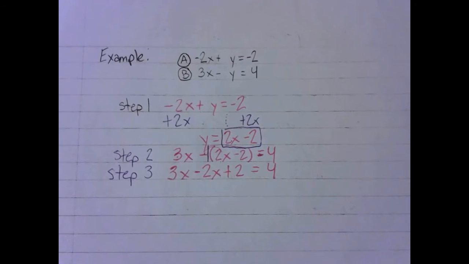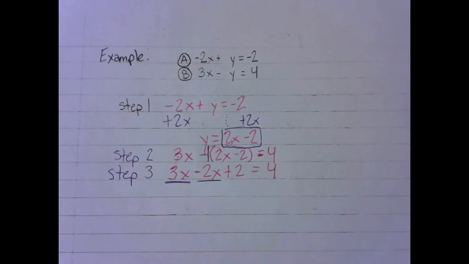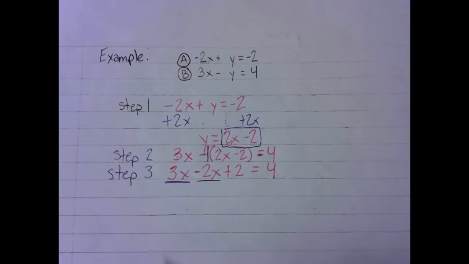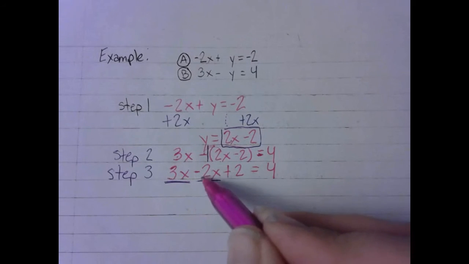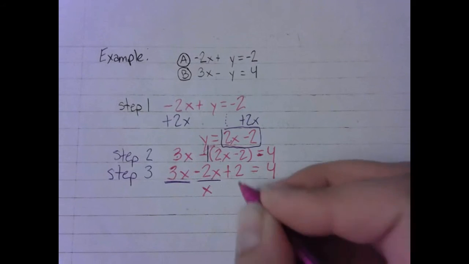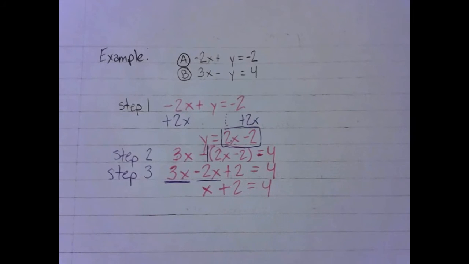Okay, we've distributed. Now we need to combine like terms that are on the same side of the equation. Well, this has an x, this has an x. And then these two are on different sides of the equation, so we don't mess with them. So 3x minus 2x gives me just 1x, so I can just write that as x. And then bring down everything else: x plus 2 equals 4. Okay, next step for solving, add or subtract.